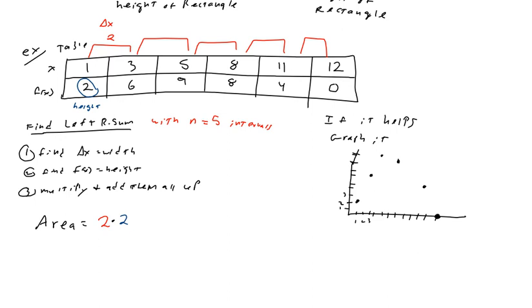This is my width of 2, my height for my first rectangle. Since it's on the left side, I'm using the left edge of this first rectangle as the height, right? So my first rectangle goes up to 2 like that.